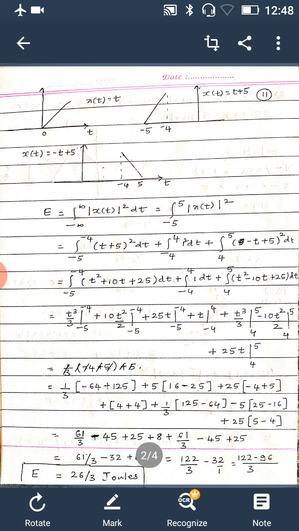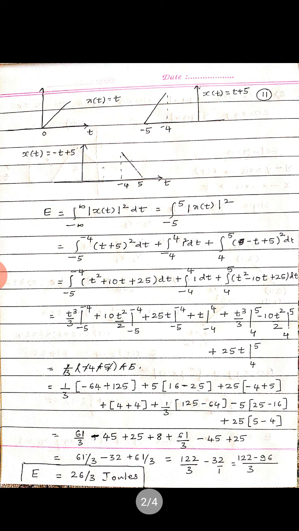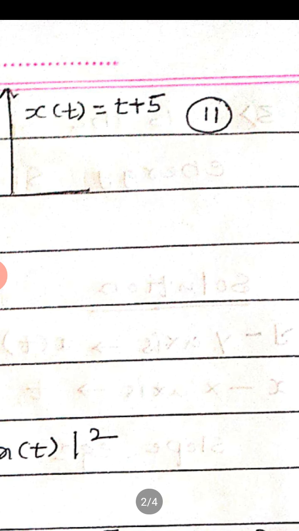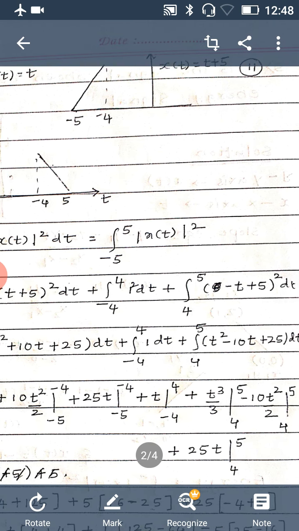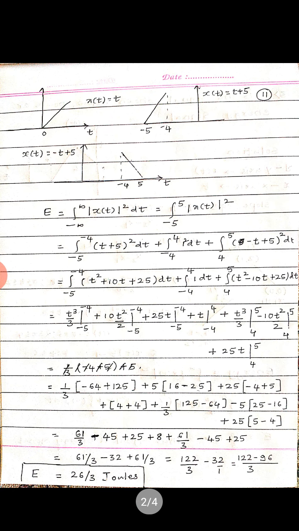So when you shift the signal x of t, which originates from 0, left side by 5 units, you will get the signal x of t equal to t plus 5 u of t. So this t plus 5 u of t is the left shifted version of x of t by how many units? 5 units.